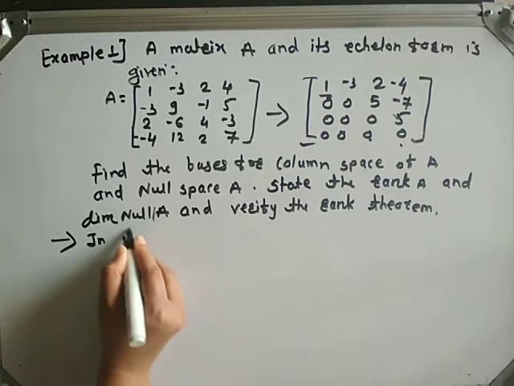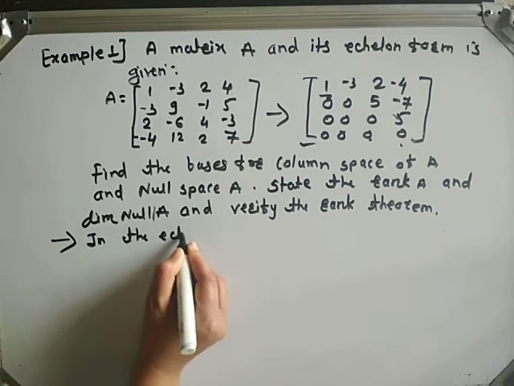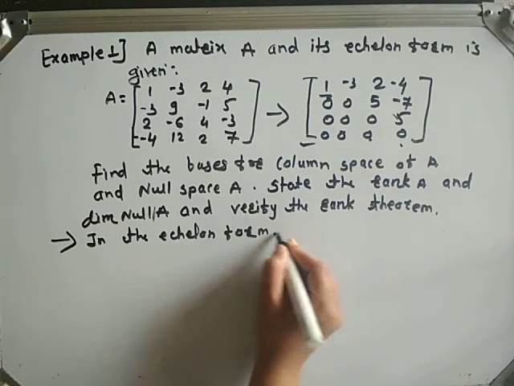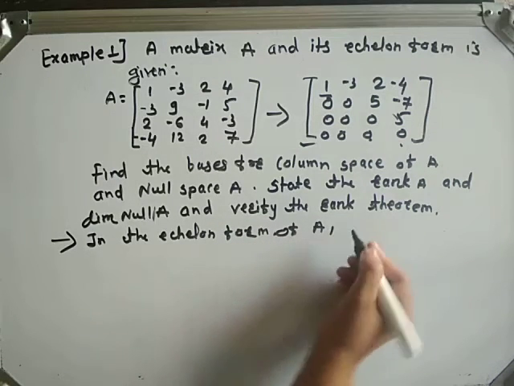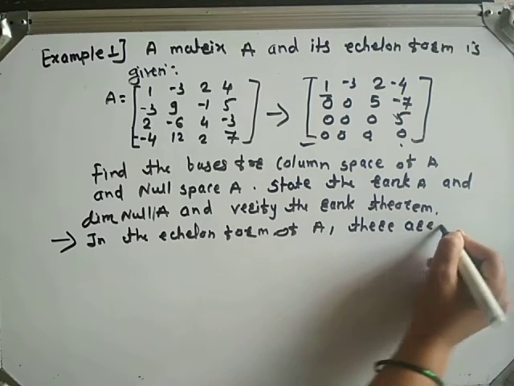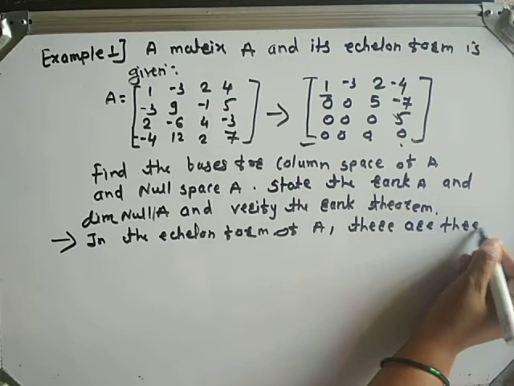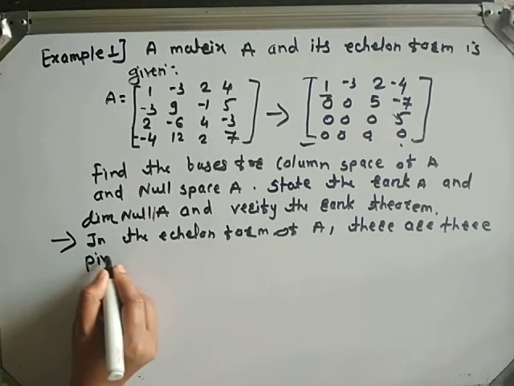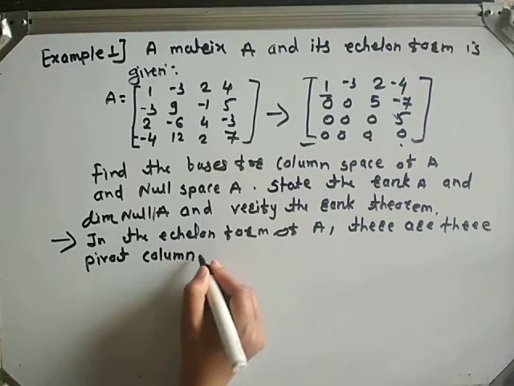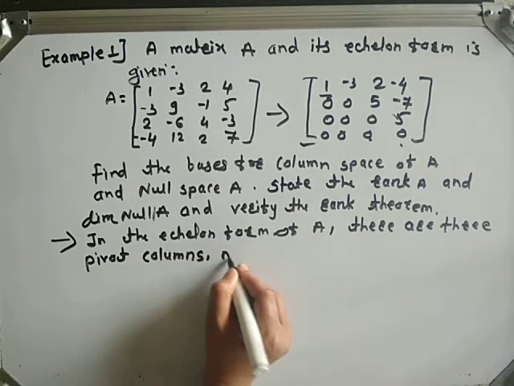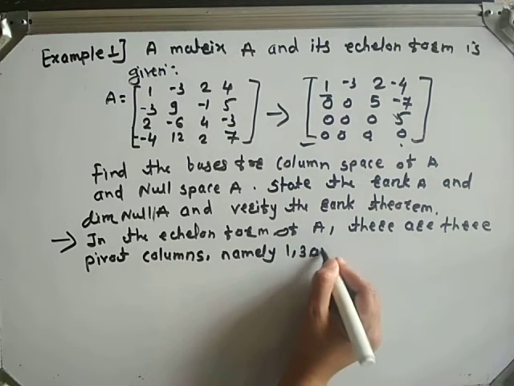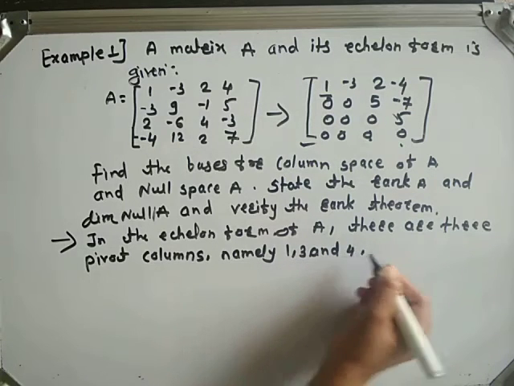In the echelon form of capital A, there are 3 pivot columns, namely 1, 3 and 4.